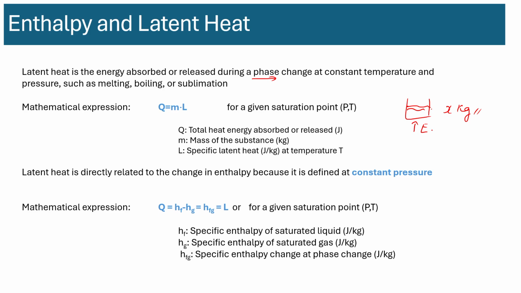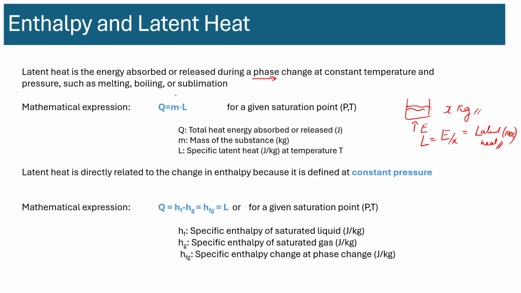That energy over X is basically the latent heat for boiling at that temperature of 100 degrees C. So how is enthalpy related to this latent heat L? Let's look into that.